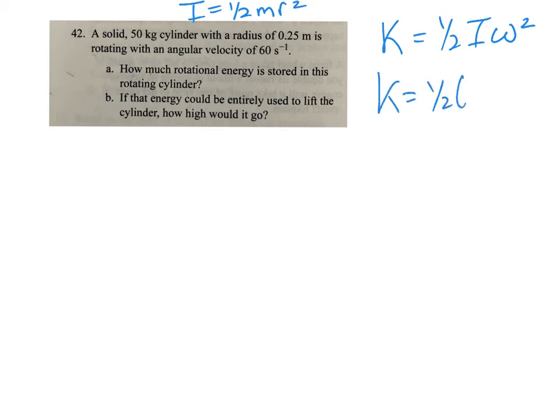So this is just a simple kinetic energy. Kinetic energy is equal to 1/2 I omega squared. For a solid cylinder, the moment of inertia is equal to 1/2 mr squared. And so the kinetic energy would be equal to 1/2 times 1/2 times 50 times 0.25 squared, all times 60 squared, because 60 is our omega.